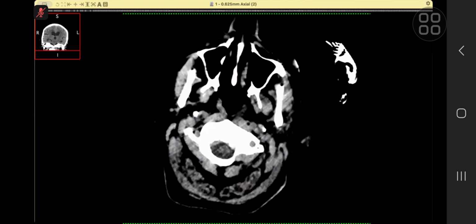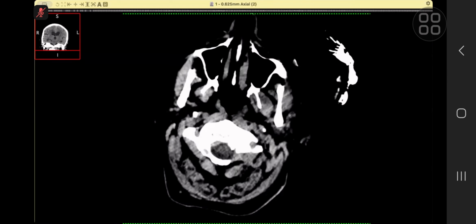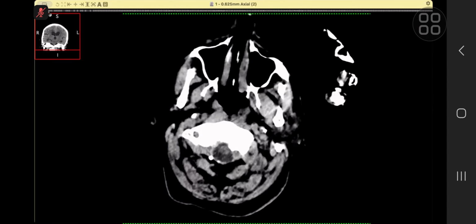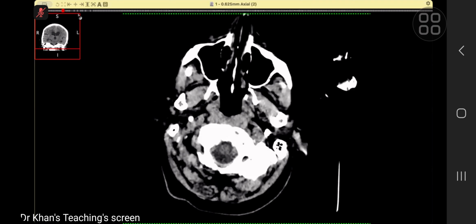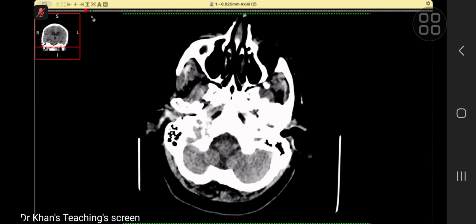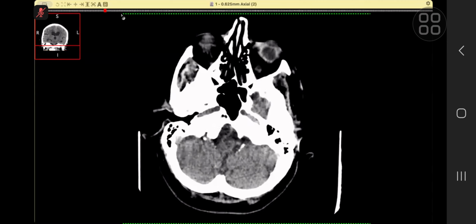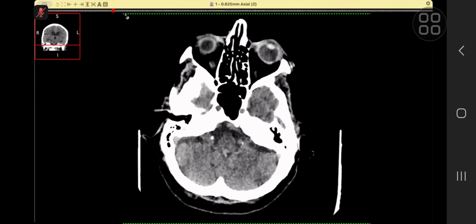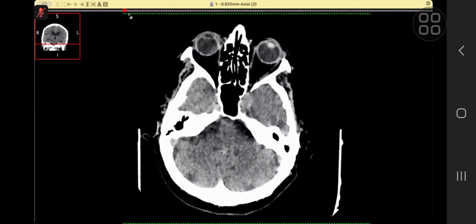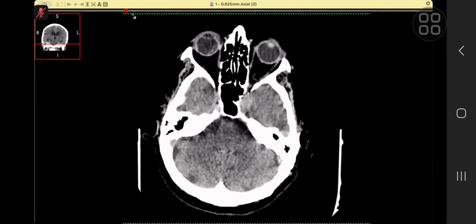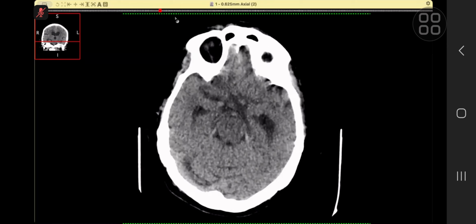The plain CT images of a female patient have been provided. I'm just scrolling from the bottom. I'm looking at the posterior fossa. There is no evidence of any obvious hypodensity seen in the bilateral cerebellar hemispheres or the brainstem.